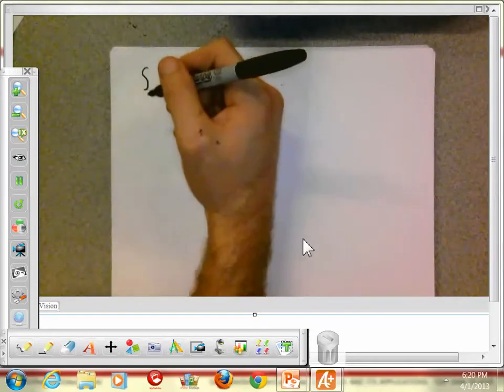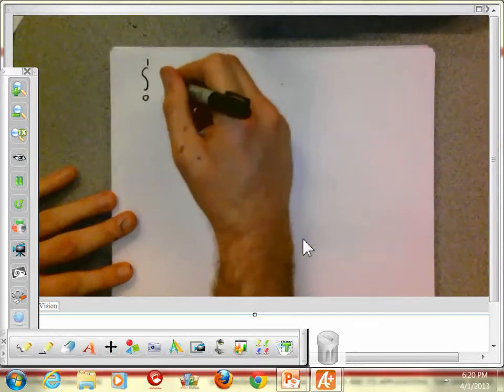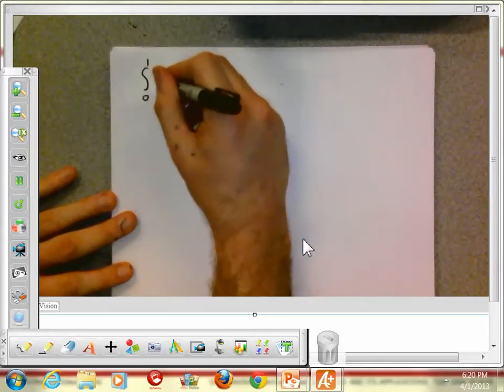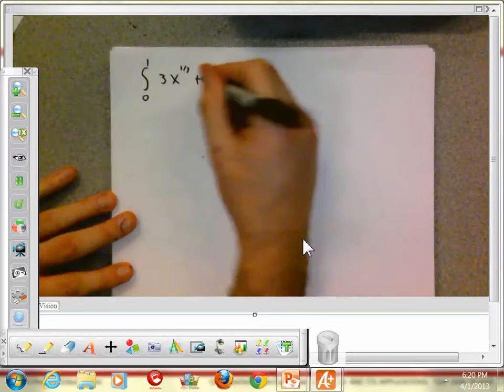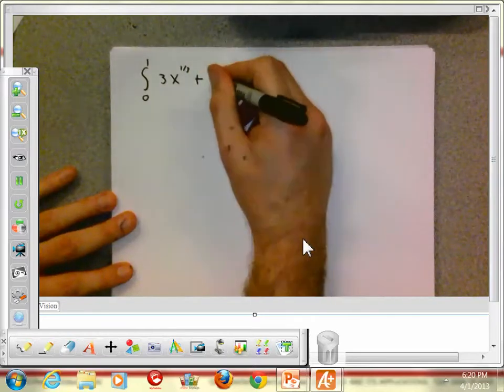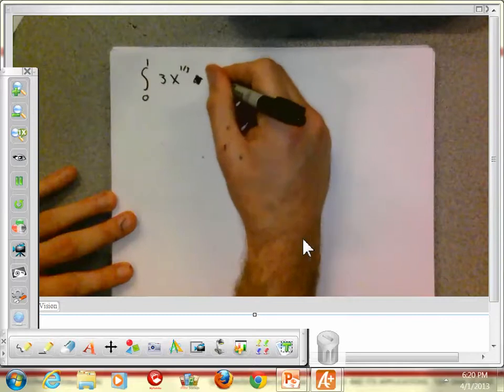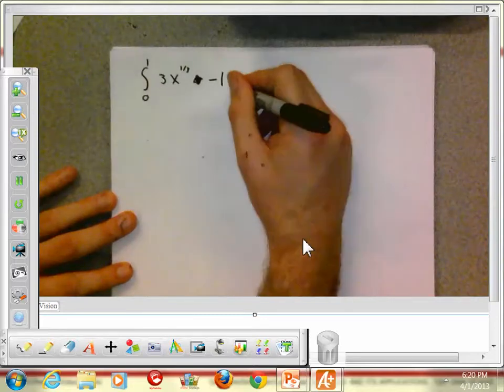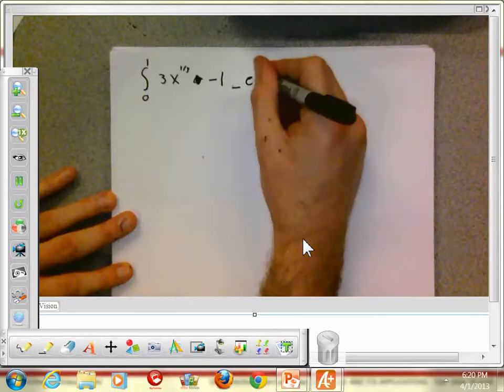Yeah. We want to get the integral from 0 to 1 of 3x to the 1/3 minus 1. So I'm scribbling that out. This is going to be minus 1 minus e to the 0.5x.